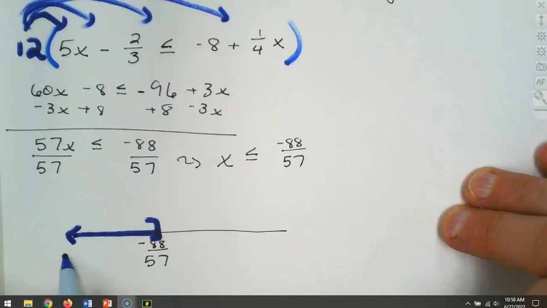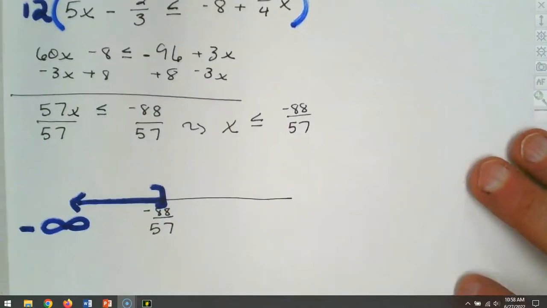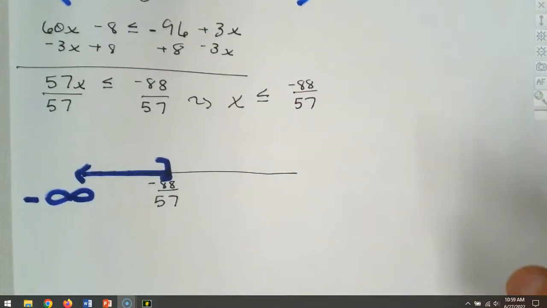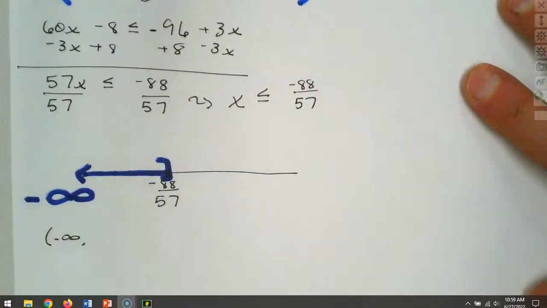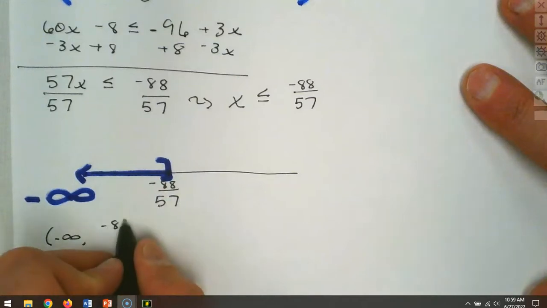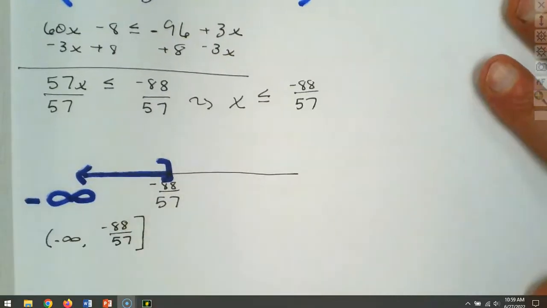And when it goes back to the left, that's going back to negative infinity. And so our answer then, in terms of interval notation, is going to be negative infinity, working from left to right, comma, negative 88 over 57 with a square bracket.